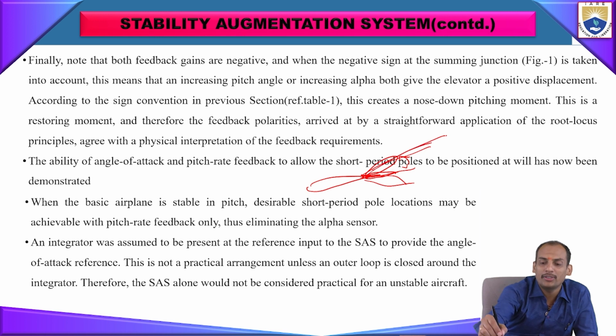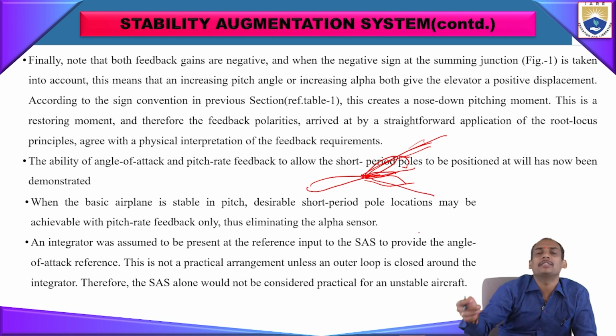If it is going to the top side, then it will be a positive moment. If it is going downside, it will be a negative pitching moment. So positive pitching moment and negative pitching moment.